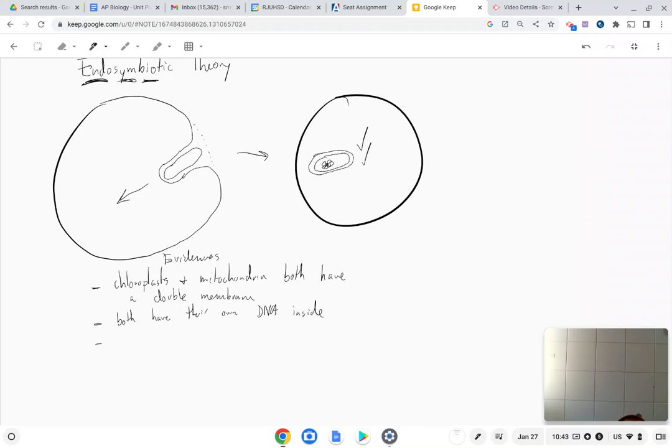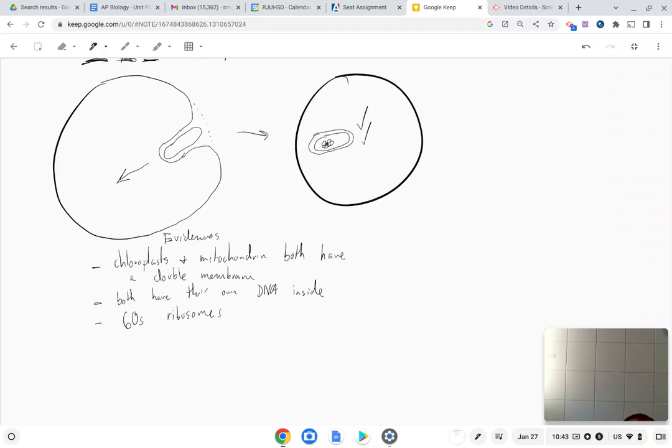If they were in fact prokaryotes, we would expect them to have 70S ribosomes, and in fact, they do. And if they were prokaryotes, we would expect these organelles to be the same size and shape. And in fact, they are. Same size and shape as a prokaryote. So pretty good evidence, right? Four separate lines of evidence.